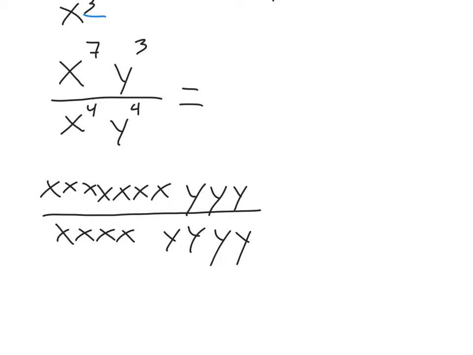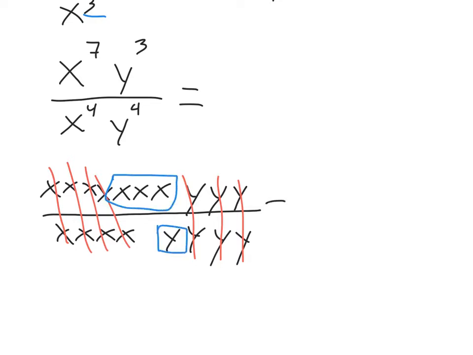So I'm going to do my battle. Blang, blang, junk, junk. And then bloop, bloop, bloop. And what I have left is 3 x's and 1 y on the bottom.